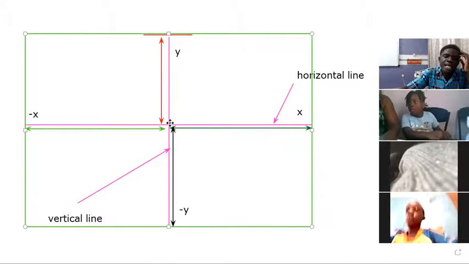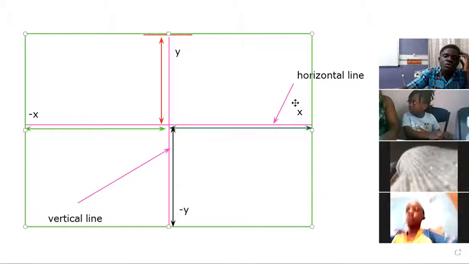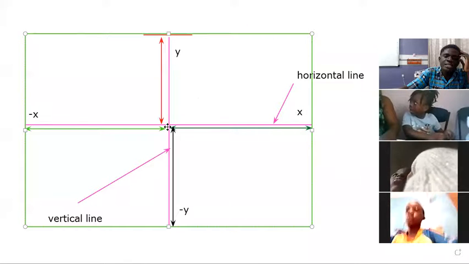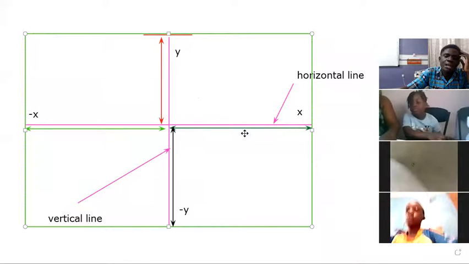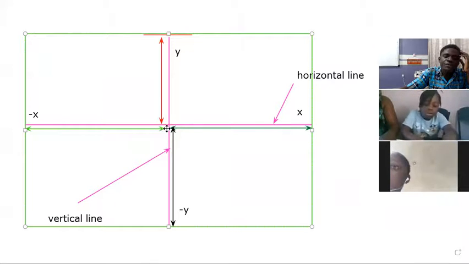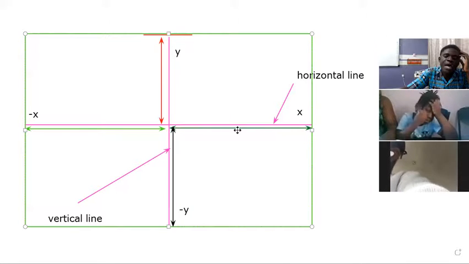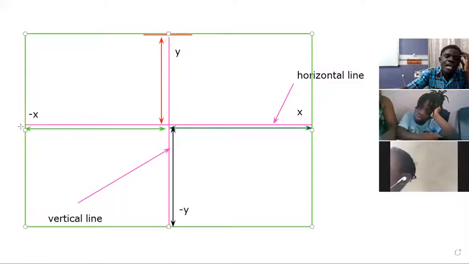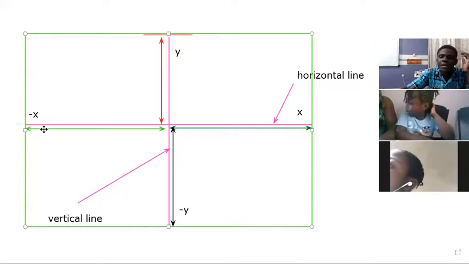The same applies to the X, from the center to the right, and from the center to the left. So all the numbers from the center to the right will be positive numbers, and all the numbers from the center to the left will be negative numbers. Is that okay?